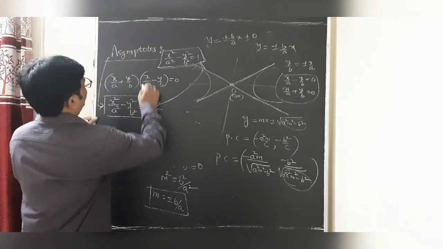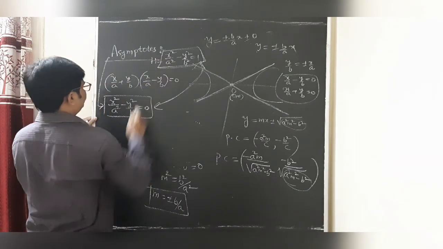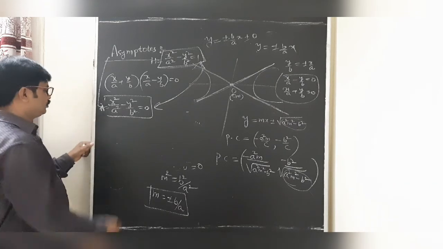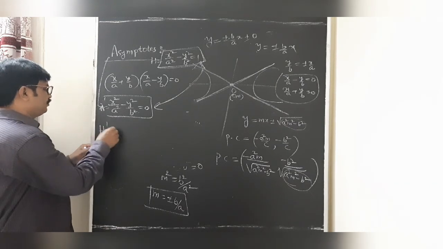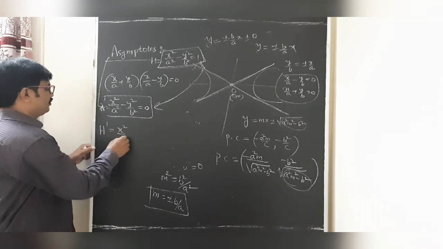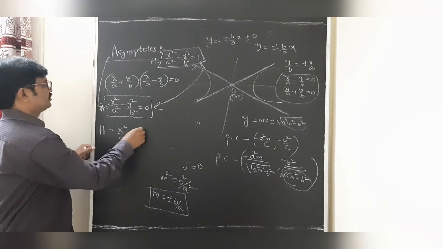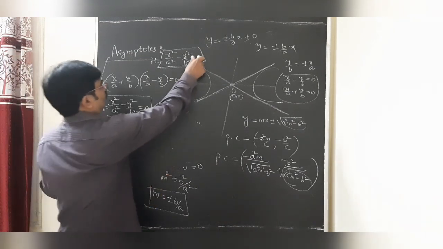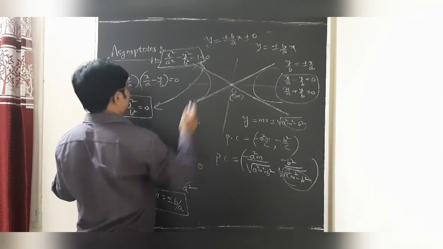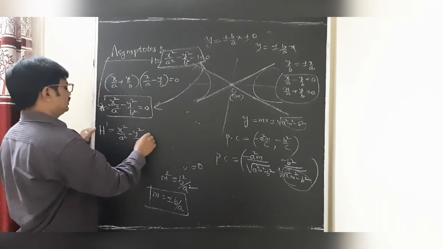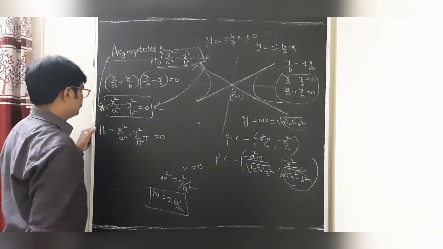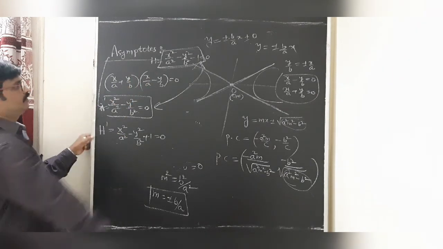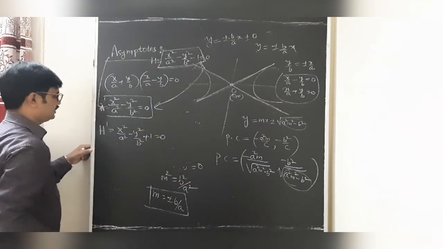Suppose the hyperbola we are taking is H, and the asymptotes are A. So students, the conjugate hyperbola is x square by a square minus y square by b square, taking minus 1 equal to 0 for one and plus 1 equal to 0 for the other. What do we observe? H plus H dash: minus 1 plus 1 is cancelled.